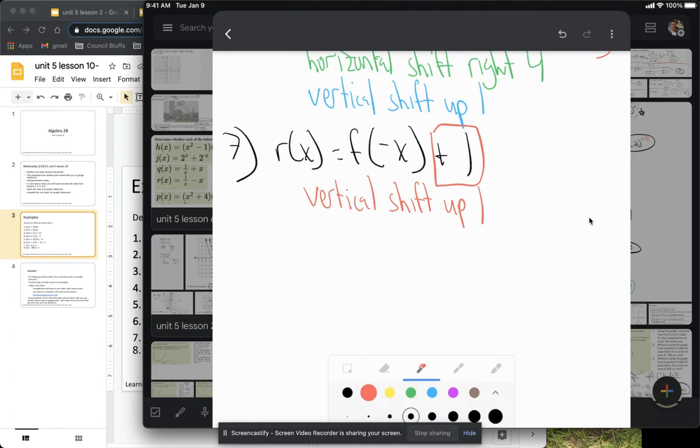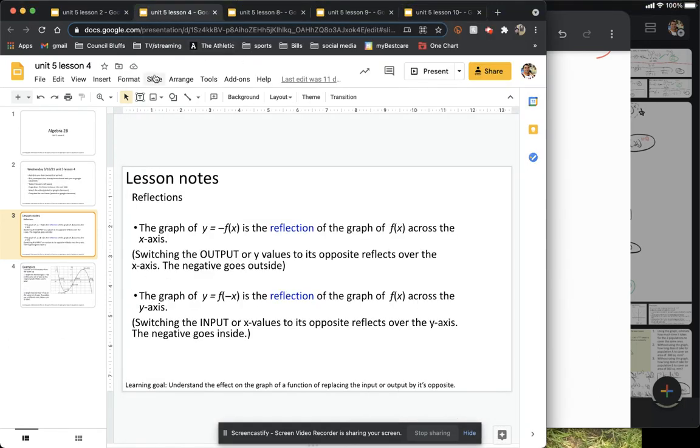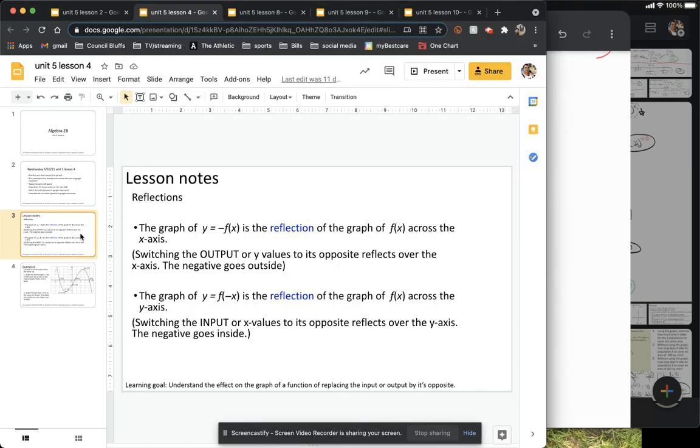Okay, so the other one we have to deal with is the negative inside the parentheses. Well, the one that we haven't dealt with is lesson 4. That was on reflections. Now notice in this one, the negative is inside the parentheses.